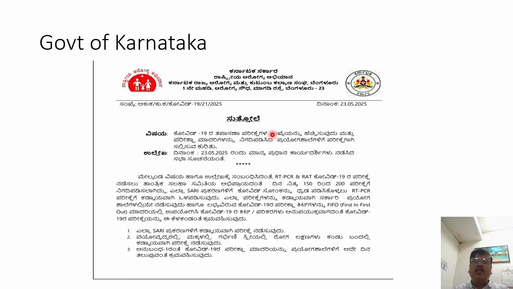Now, these are the government guidelines. All SARI cases should be compulsorily tested. Then ANC cases with symptoms, then pediatric individuals with symptoms or old age individuals above 60 years with symptoms. They should be compulsorily tested for COVID-19.